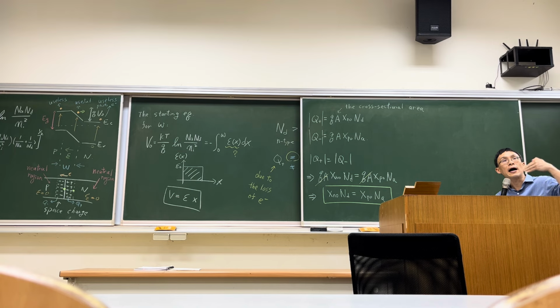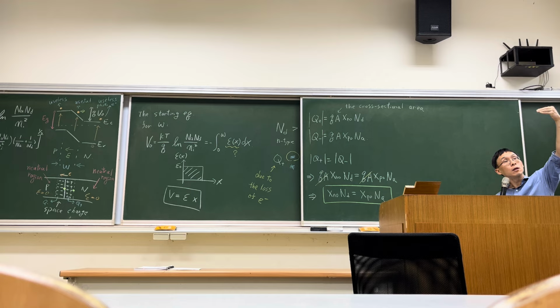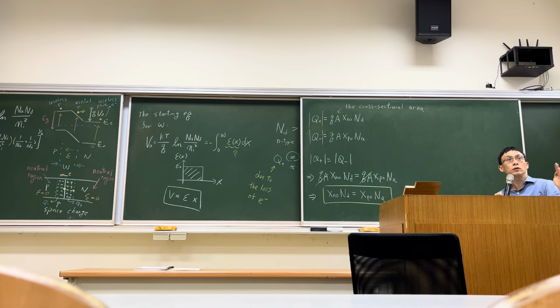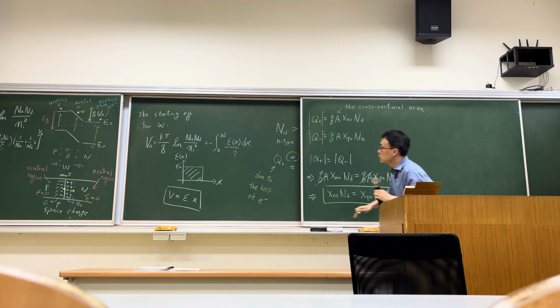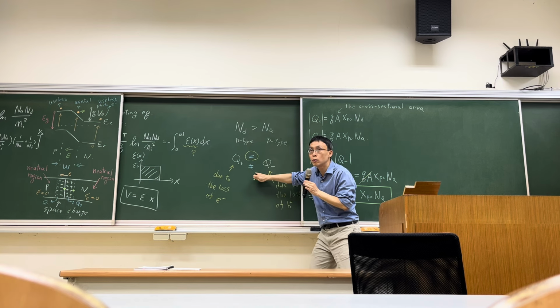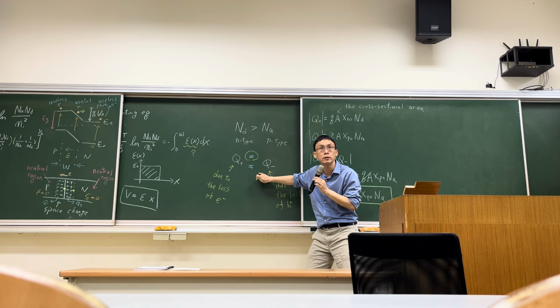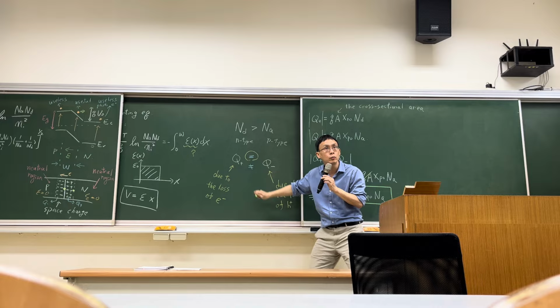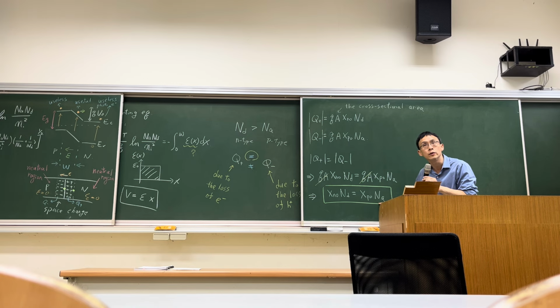If you have a higher doping concentration, you will have a shorter depletion region. Or if you have a very low doping concentration, you will have a very long depletion region. Okay? That's the important conclusion due to this simple equation. This is an important concept, producing important results.